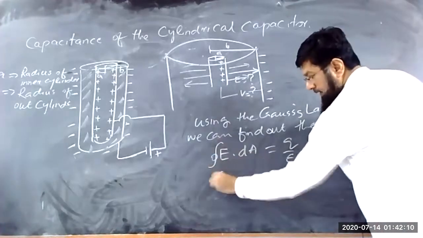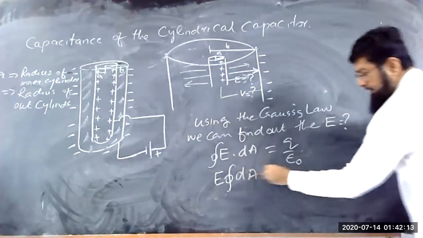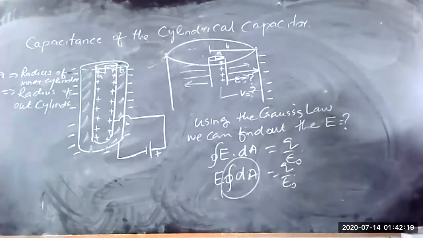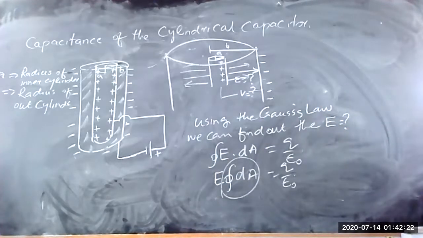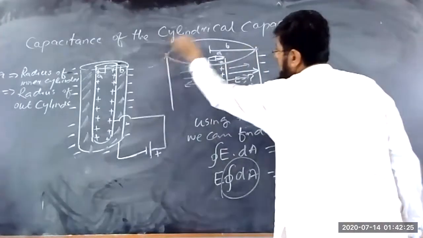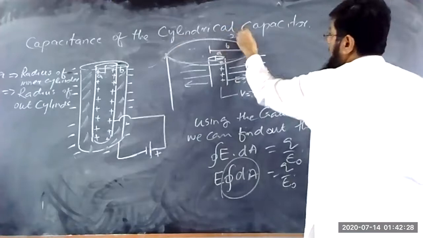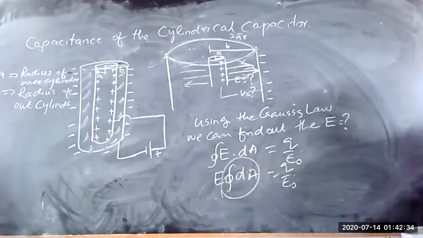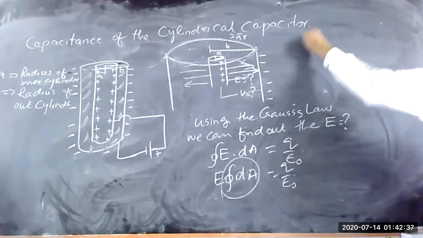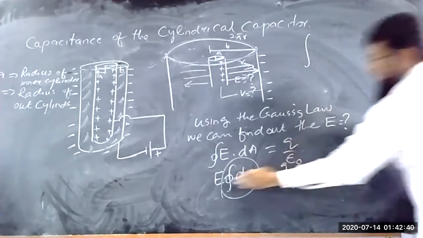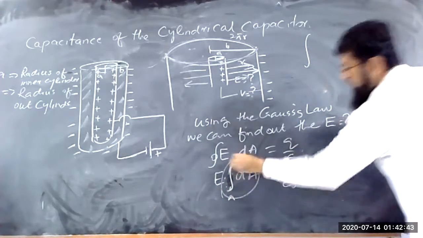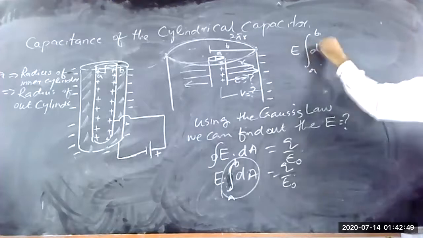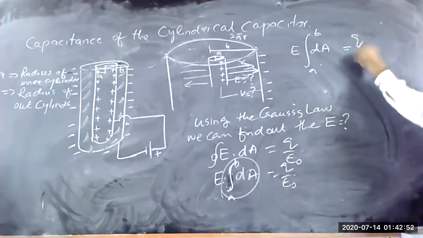This integral of E dot dA is equal to Q upon epsilon naught. This dA is the area of the cylinder, and the area of the cylinder is equal to 2 pi r into length. This is the circumference, which is equal to 2 pi r. ये कोई भी हम r distance ले लेते हैं. R may vary from A to B. Here the integral is from A to B. So this E dot dA is equal to Q upon epsilon naught.